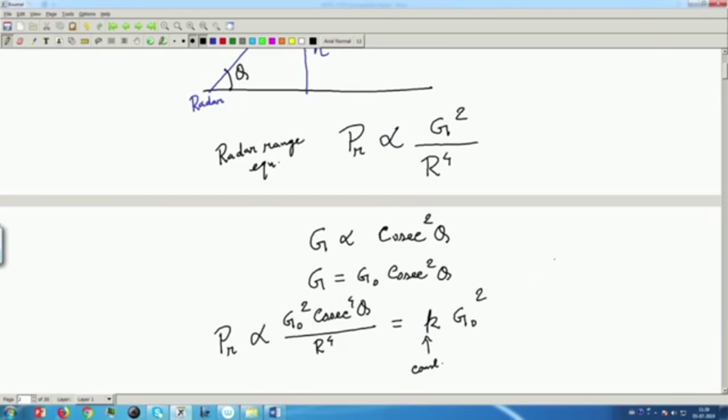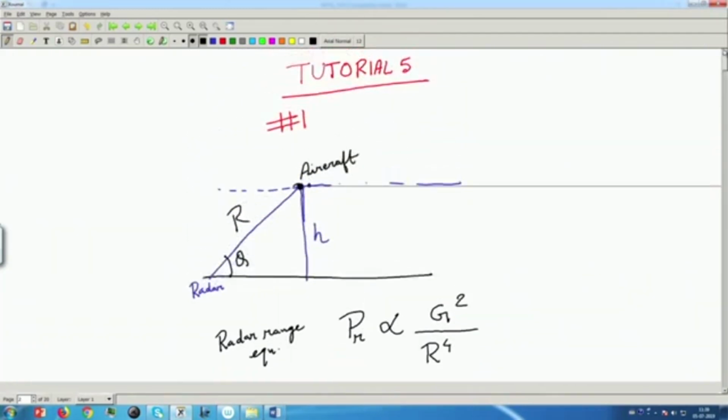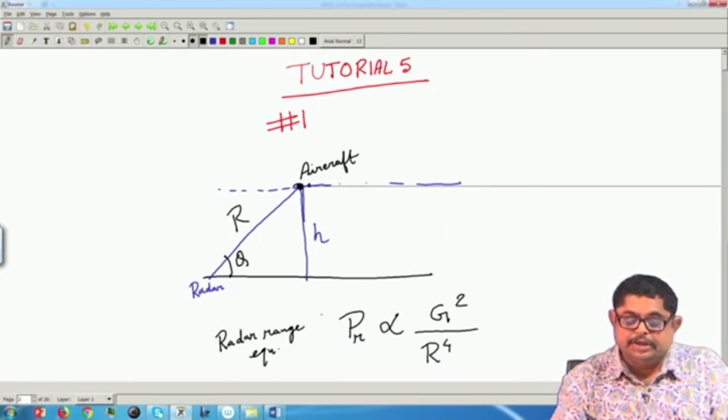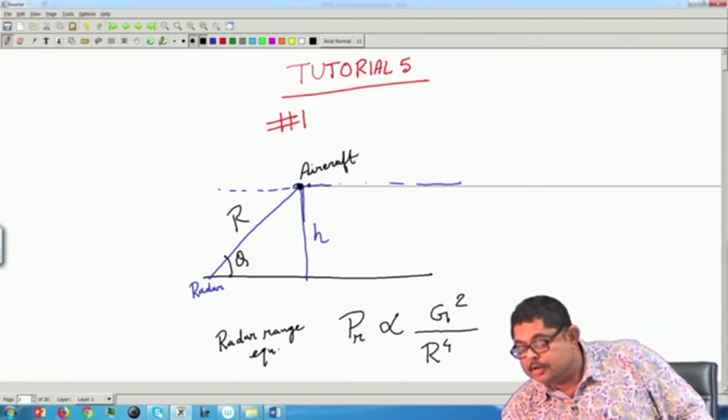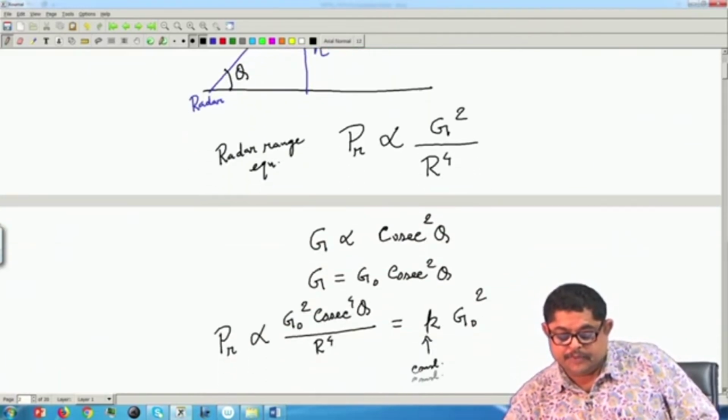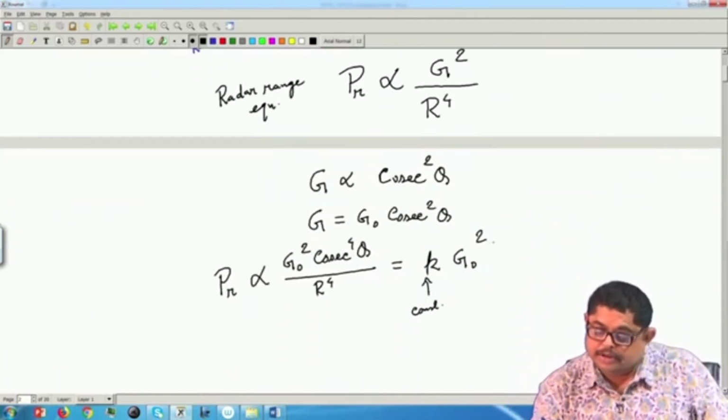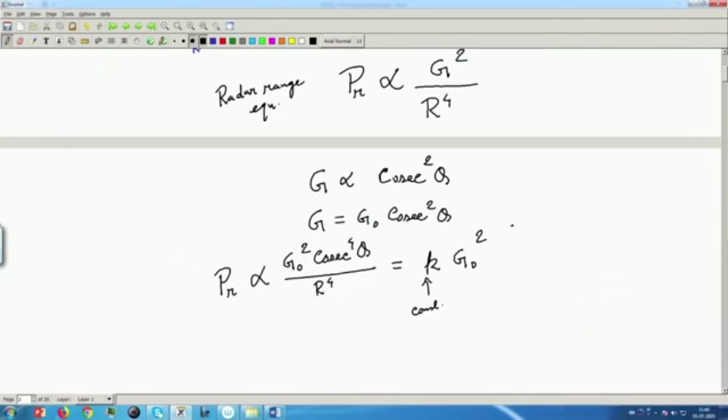What is cosec 4th theta? Sin theta is h by r, so cosec theta is r by h. So, I can put K G naught squared, then (r by h) to the power 4, divided by r 4th.